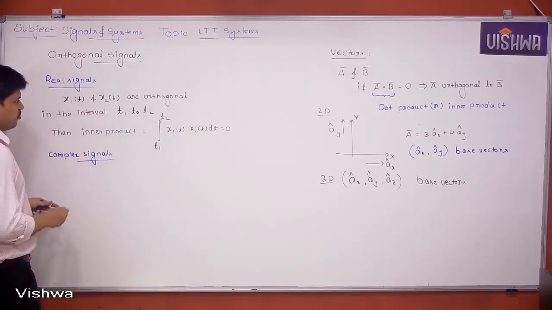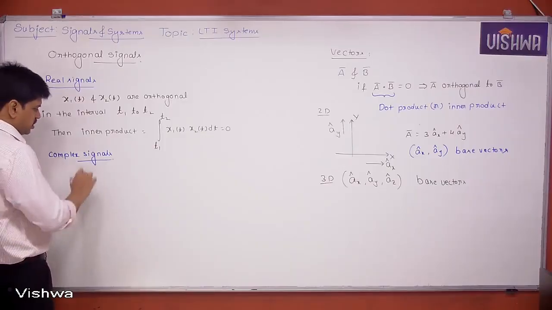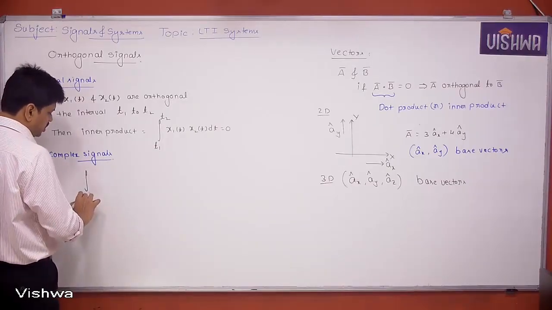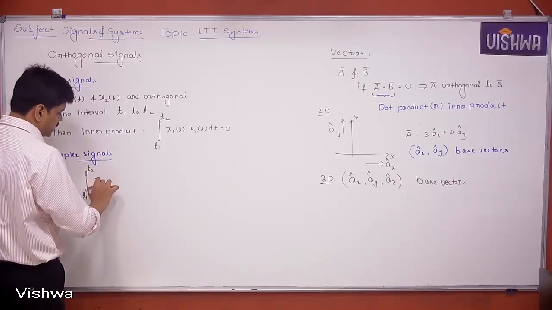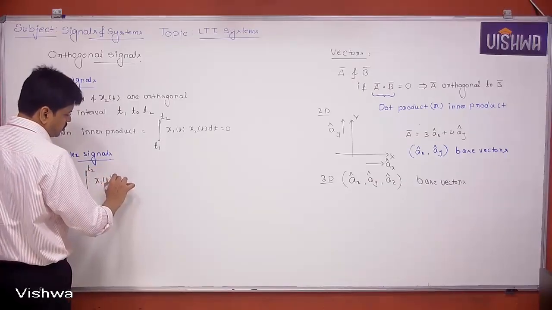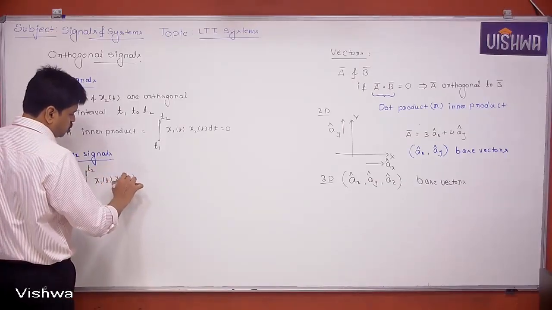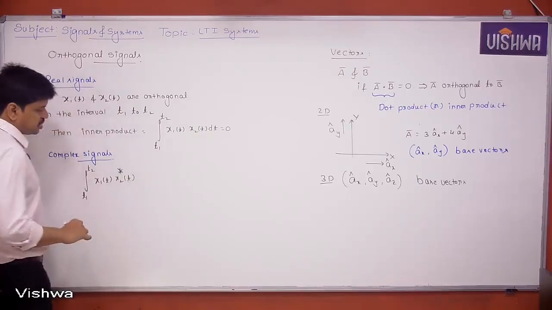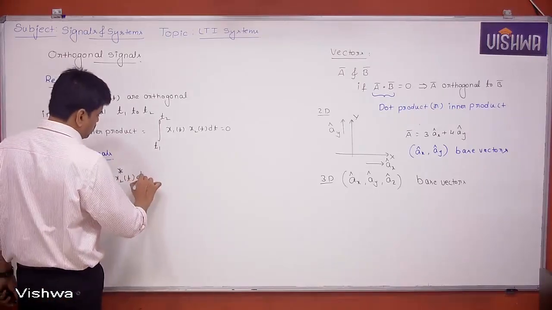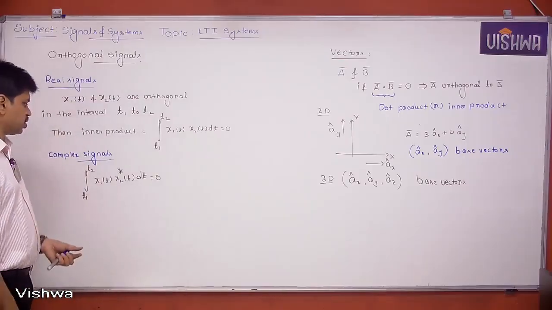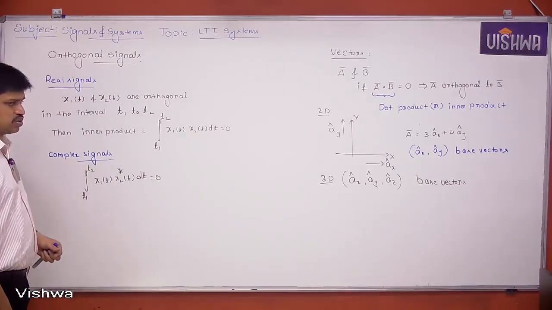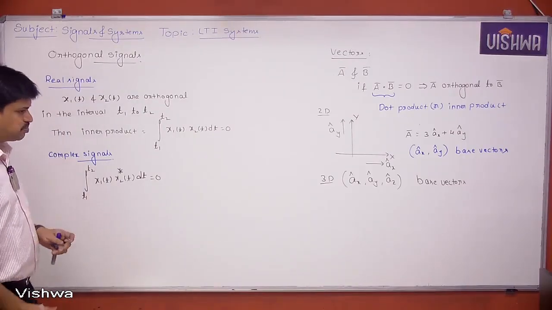If x1 and x2 are orthogonal to each other in the interval t1 to t2, then the inner product is integral of x1 of t, x2 of t conjugate. For one signal, we have to take the conjugate, dt is equal to 0. Then we can say x1 of t and x2 of t are orthogonal in the interval t1 and t2. I hope you understood.